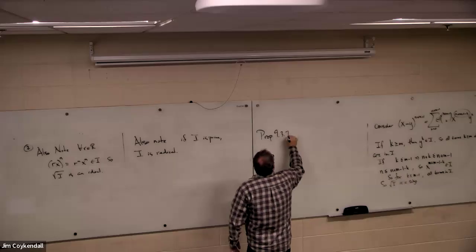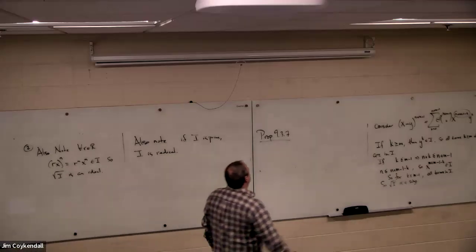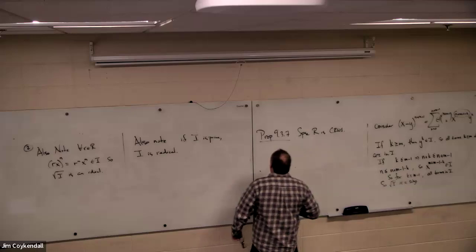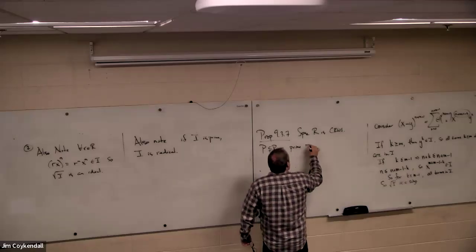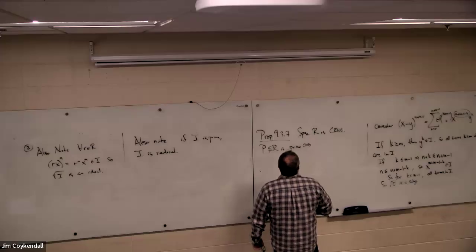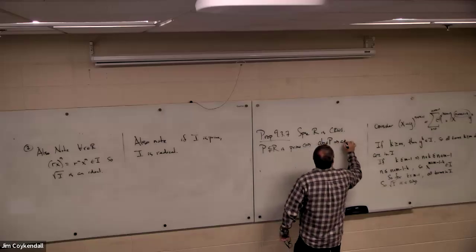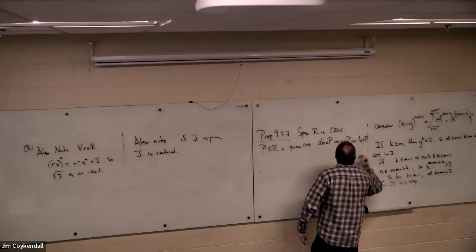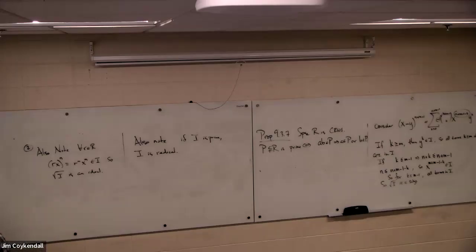Proposition 937. An ideal P in R is prime if and only if ab in P implies a is in P or b is in P. This is one of the coolest characterizations of prime that I know: the product of two things being in the ideal means that one of those two has to be.